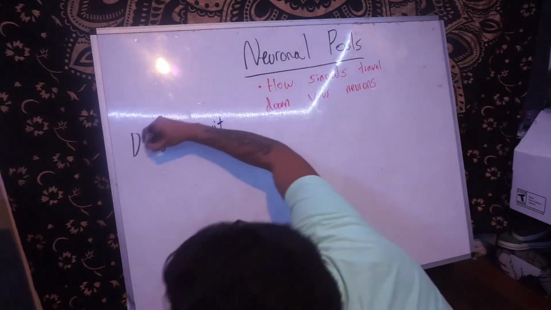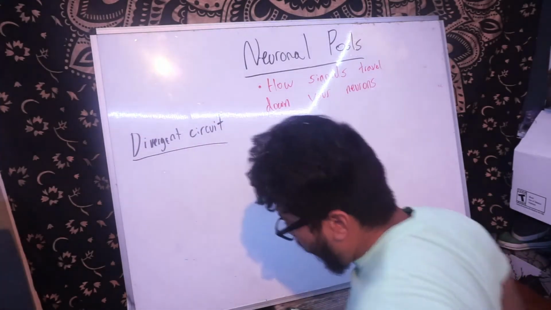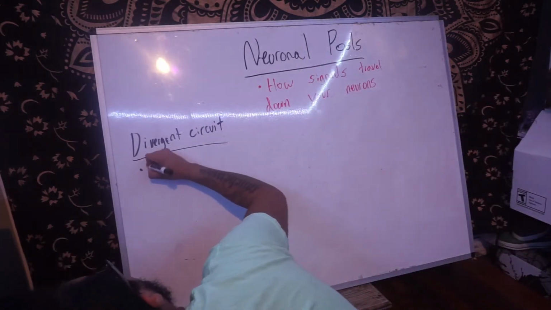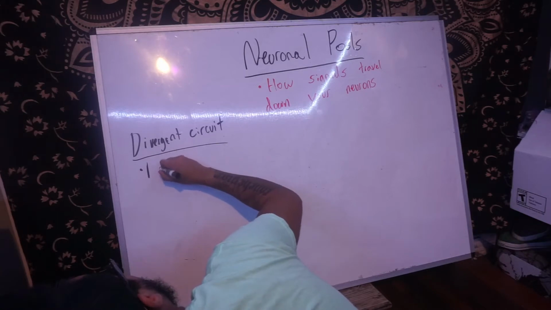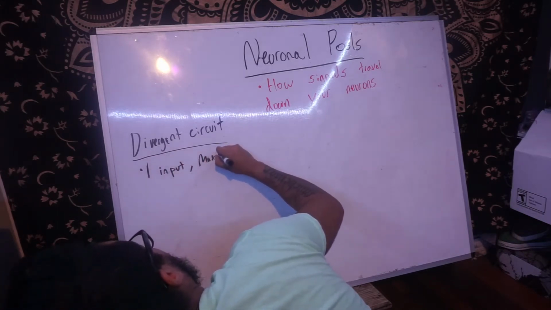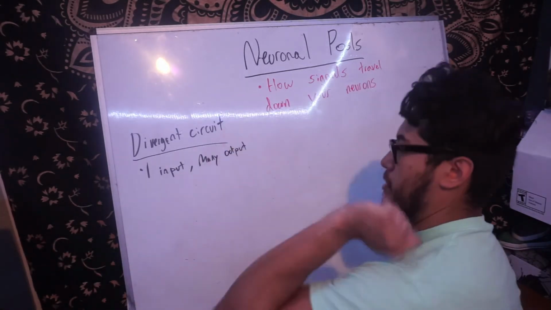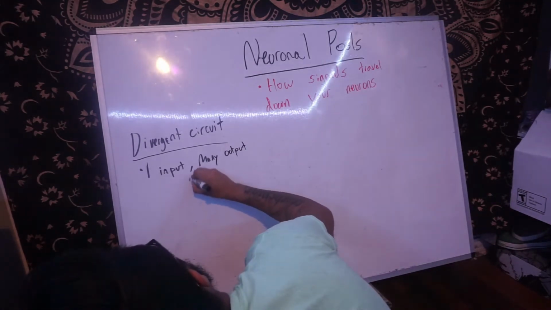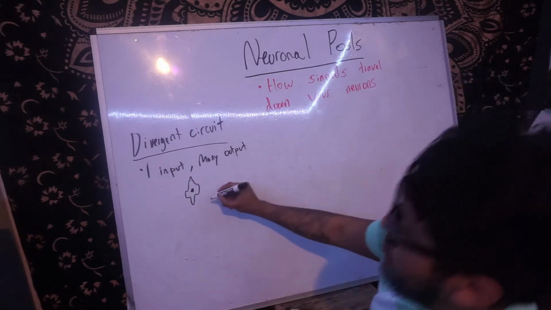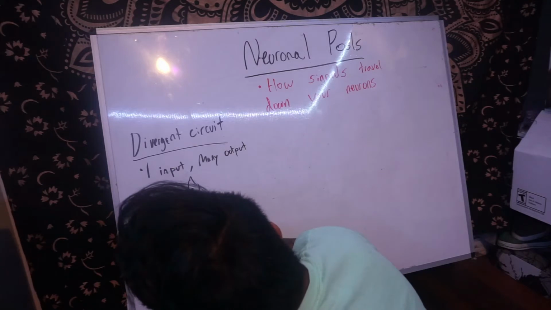Okay, a divergent circuit is the first one. Basically, all it is, you have one input, many outputs. So you have one neuron, and he sends signals down to two other neurons.